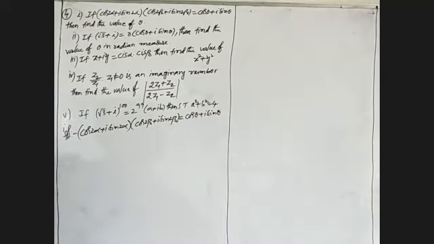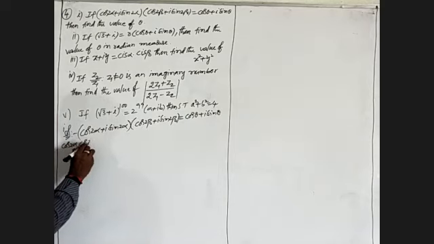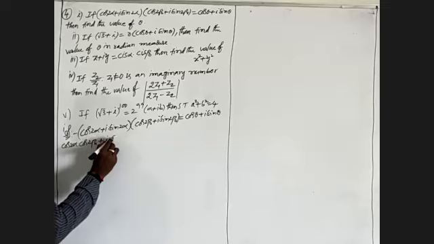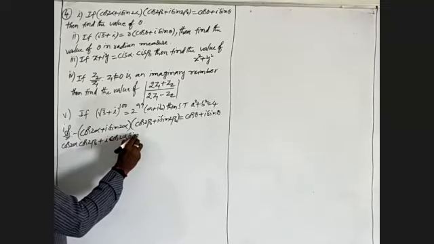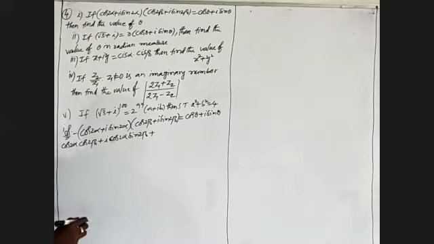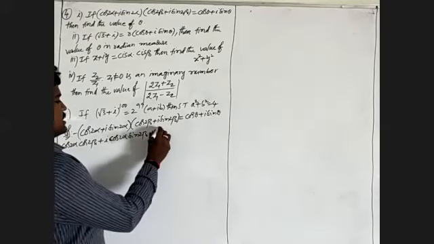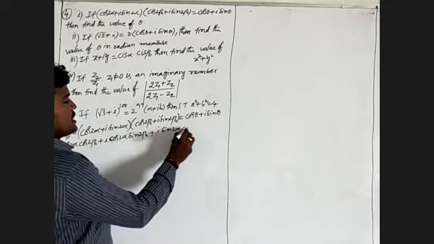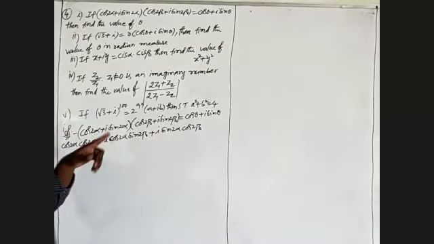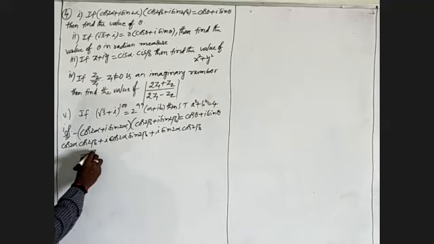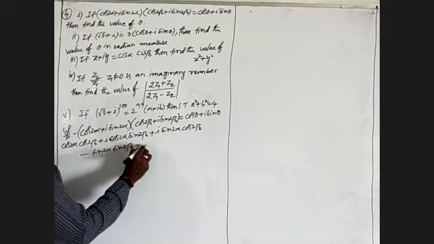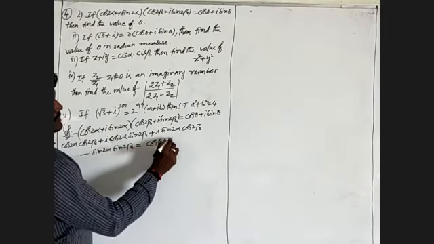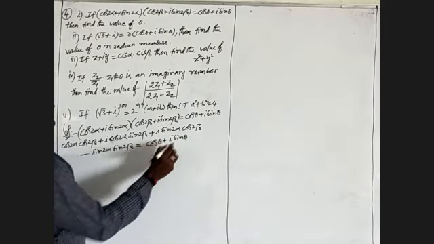How to expand this? cos 2α into cos 2β, plus i into cos 2α sin 2β, plus i into sin 2α cos 2β, plus i square, which will become minus 1, into sin 2α sin 2β, is nothing but cos θ + i sin θ.